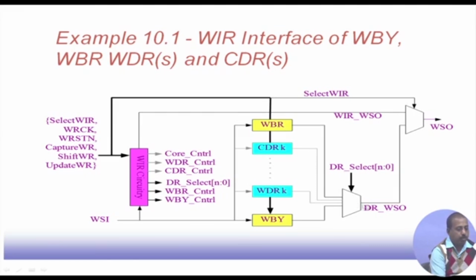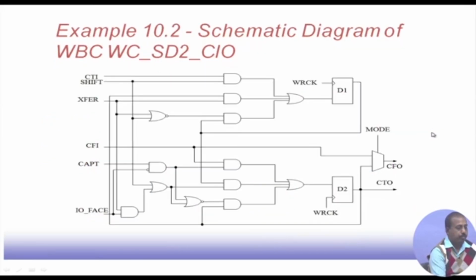That WBR's content will be available on the WSO line. This way we can control this instruction register, and accordingly these control signals will control the remaining registers, and the content of the particular register will go to the WSO line. So, this actually realizes the same operation in a schematic diagram, the circuit diagram of it.